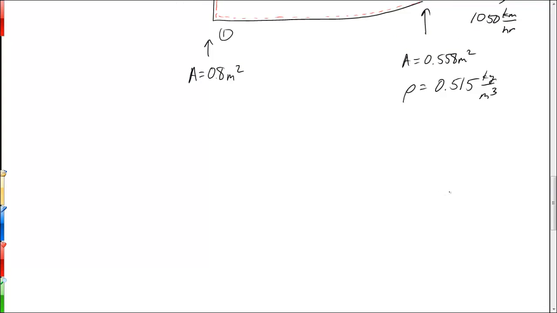The absolute velocity from somebody standing on the ground, v, is just equal to 0. And we can draw a coordinate system, and we'll put x to the right.